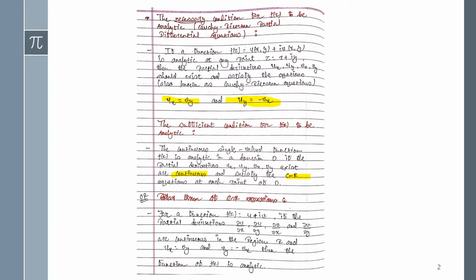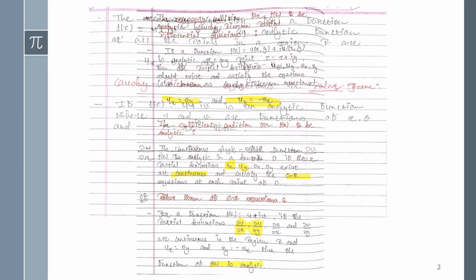Or else we can write in other words, for the function f of z equals u plus iv, if the partial derivatives del u by del x, which is actually your ux only, same del u upon del y, which is nothing but uy, same vx and vy are continuous in the region R, and again the CR condition must be satisfied, then it is said to be an analytic function.